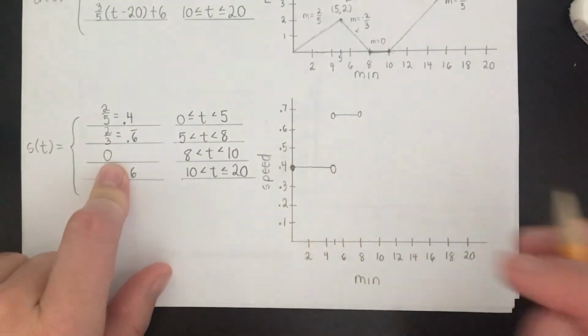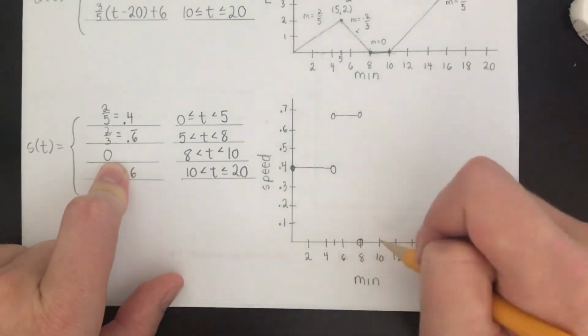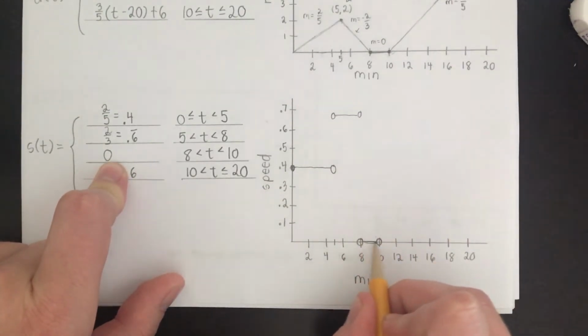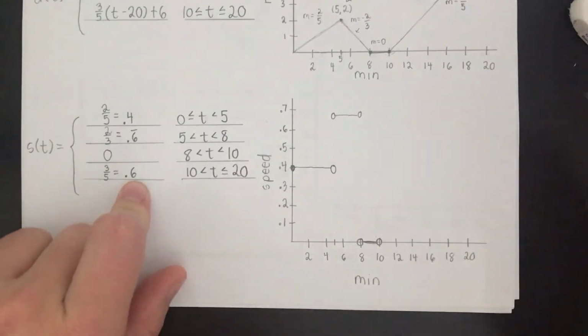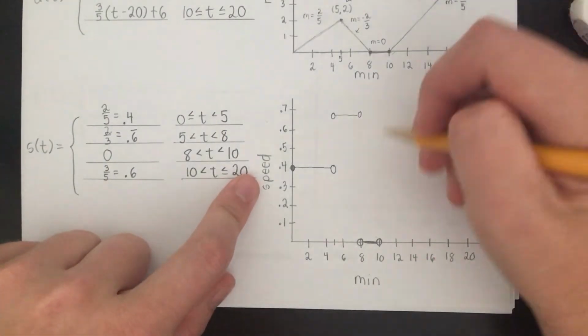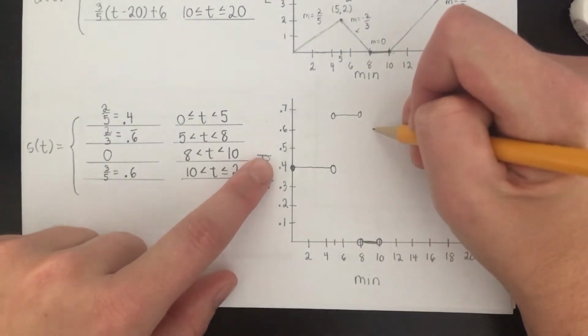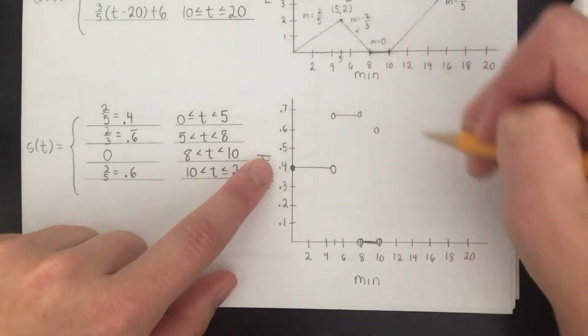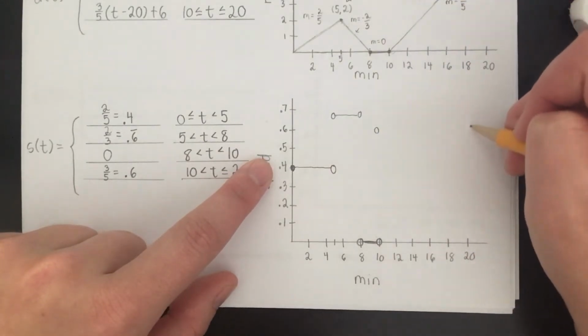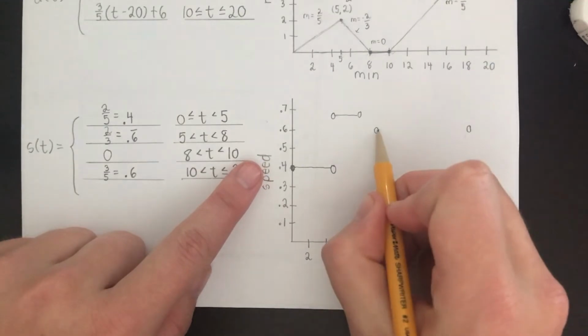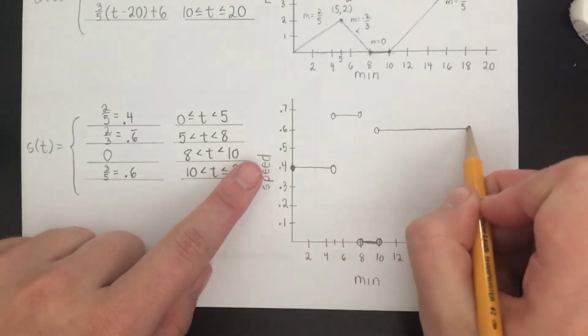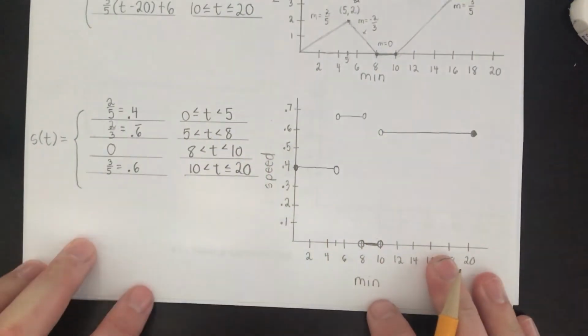And then I have a speed of 0 from 8 to 10, and then a speed of 0.6 from 10 to 20. And that last circle needs to be filled in. So there's my speed.